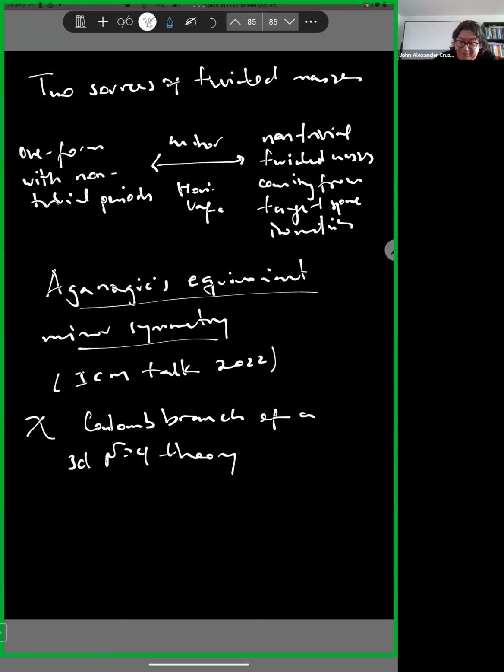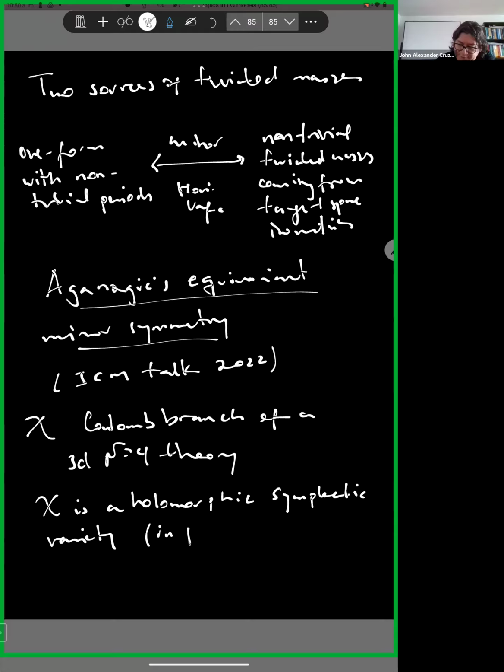Okay, that's the beginning, this space. You can think of it as a kind of Nakajima quiver variety if you want. The important thing is that this is a holomorphic symplectic variety. So X is a holomorphic symplectic variety.